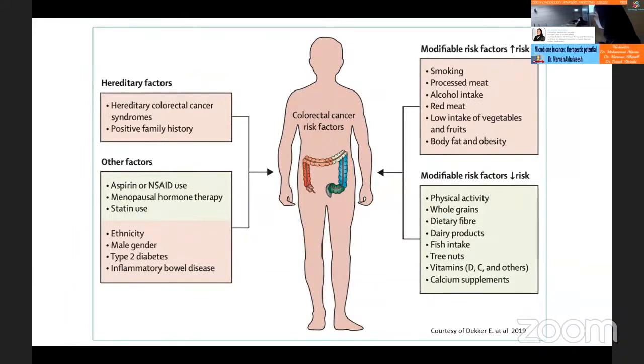Examples of modifiable risk factors that increase the susceptibility of an individual to colon and rectal cancer development: processed meat, red meat, low intake of vegetables and fruits, body fat, and obesity, and all these factors also influence the gut microbiome negatively. However, the modifiable factors that decrease the risk of colorectal cancer include physical activity, dietary fibers, dairy products, vitamins, and calcium, and these also influence the gut microbiome positively.